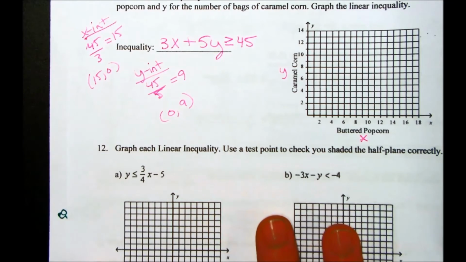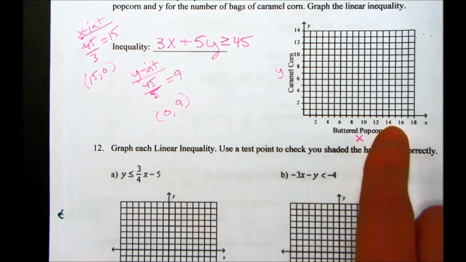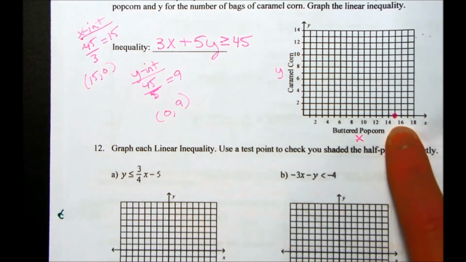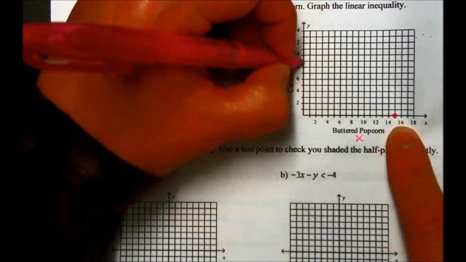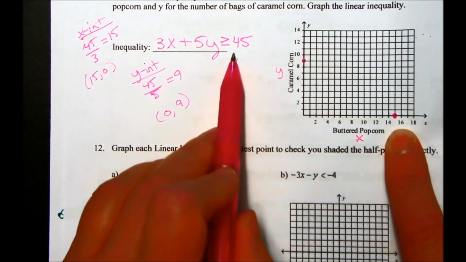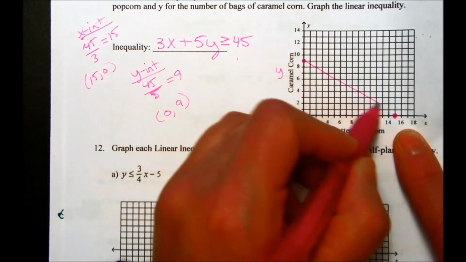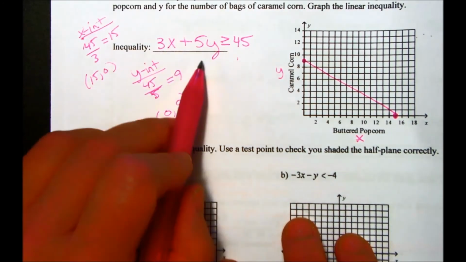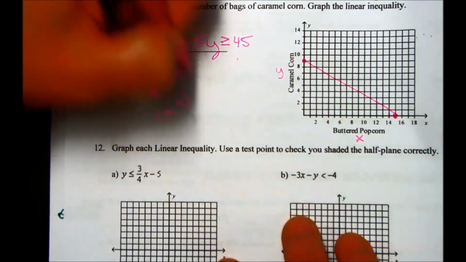So 15 is our x-intercept. Okay, I was concerned that we weren't going to be able to get 15 on there, but it is on there. So 15 is my x-intercept, 9 is my y-intercept. Since our equation is greater than or equal to, it's going to be a solid line. And if we were to solve this equation for y and subtract the 3x and divide by 5, let's do that.